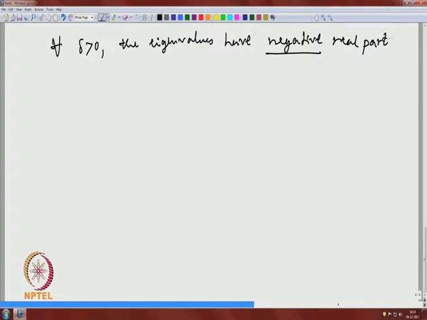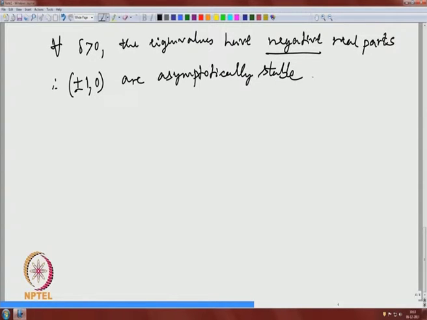Either they themselves are negative real numbers or certainly they have negative real parts. Therefore, plus or minus 1 0 are asymptotically stable, linearly asymptotically stable, when delta is positive.